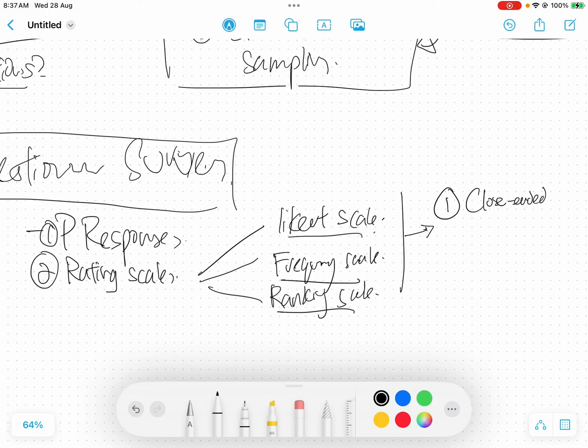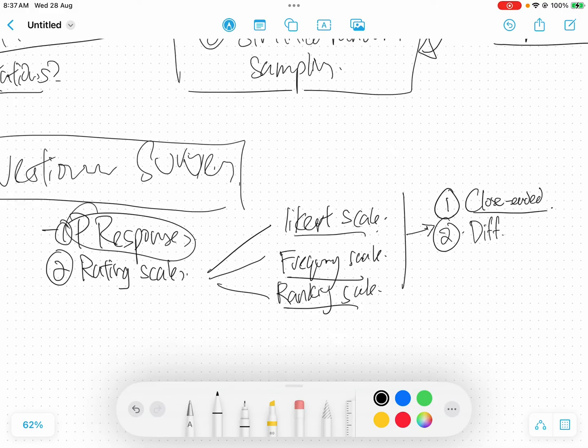Never come up with any open-ended unless you are doing a semi-structured interview. Second, there should be a difference between questions. Let's say it is a 4 marks question, do not just keep on using Likert scale, do not just keep on doing predefined responses. There should be a range of question types used in answering the question in the paper, right?